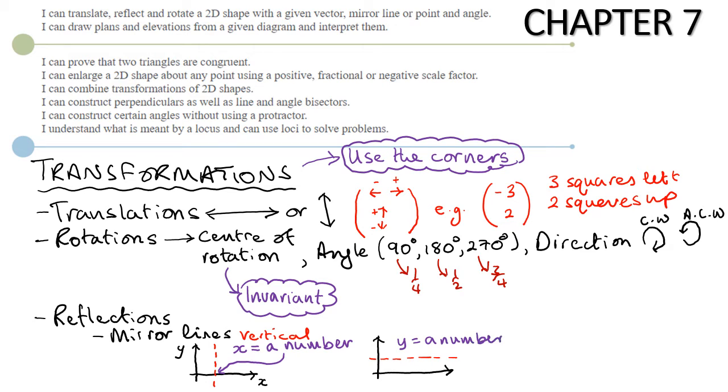And that number would be the number where it crosses the axis here. And these are horizontal mirror lines. So for example, a mirror line that had the equation y equals 7 would cross the y-axis at 7. One that had a mirror line of y equals -9 would cross at -9 on the y-axis.